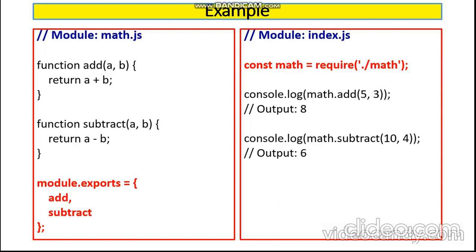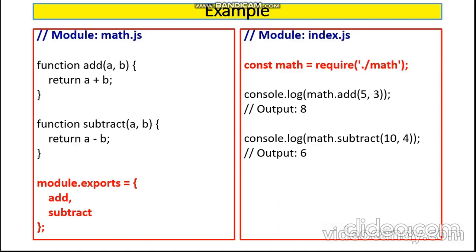Now by using this math variable, we call the add function, and we initialize this add function with the parameter values 5 and 3. Similarly, by using math we call the subtract method, and the argument values are 10 and 4, and these functions will print their respective values based on their operation.